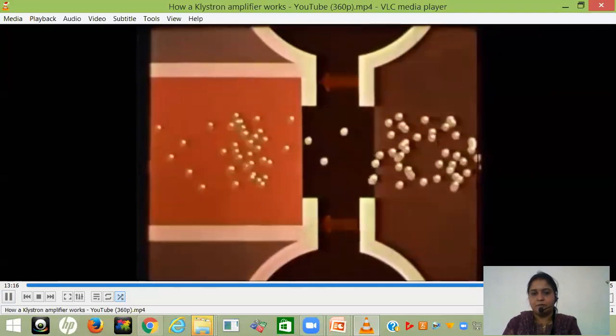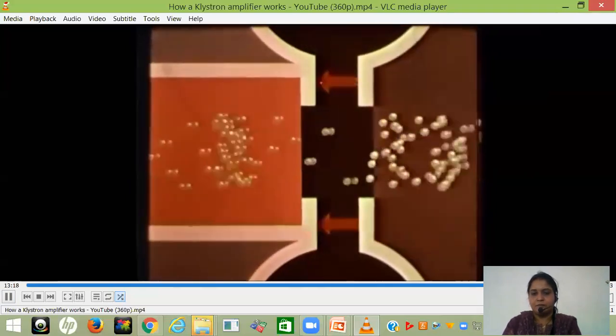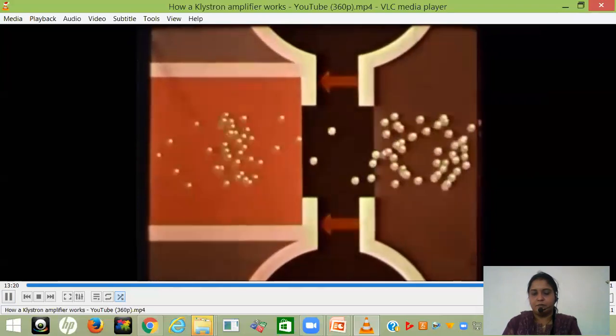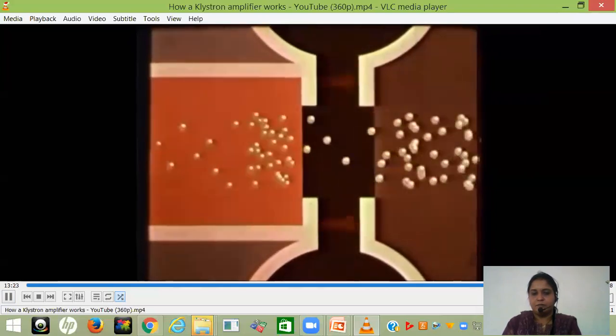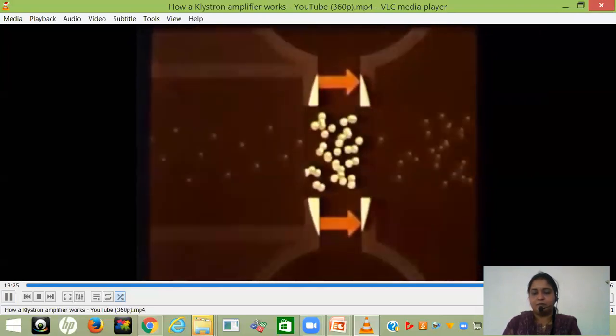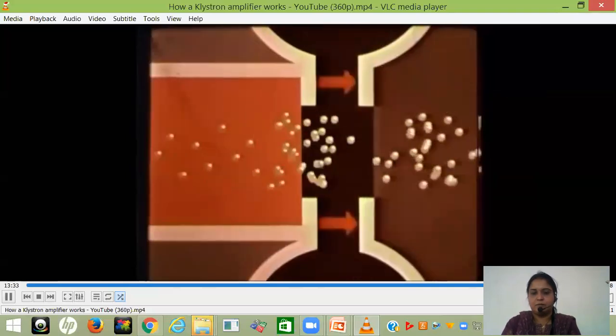At the second resonator, however, the majority of the electrons are in bunches, and these are decelerated. Only very few electrons are accelerated.